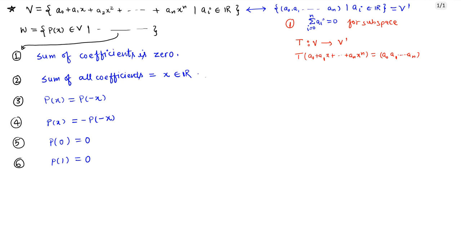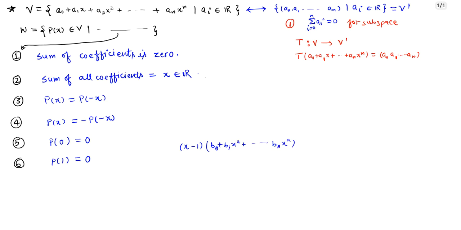In sixth, we write in the form of x minus 1 multiplied by some b naught plus b1 x square and so on b n x to power n.